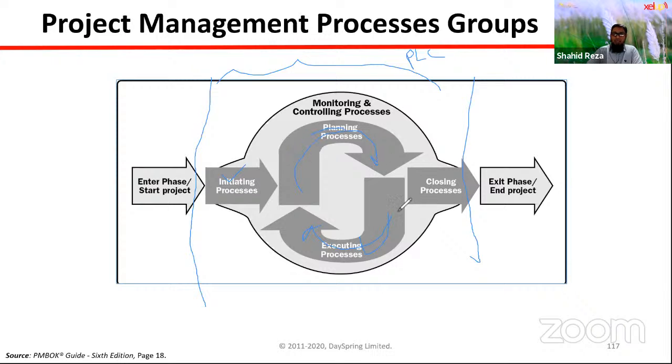So that's why it is drawn like this. And finally, when everything is completed, you do the closing processes, right? Closing process group. And the interesting thing is monitoring and controlling. See, it covers everything, right? From initiation to closing, everything you have to keep under monitoring and evaluation or controlling.